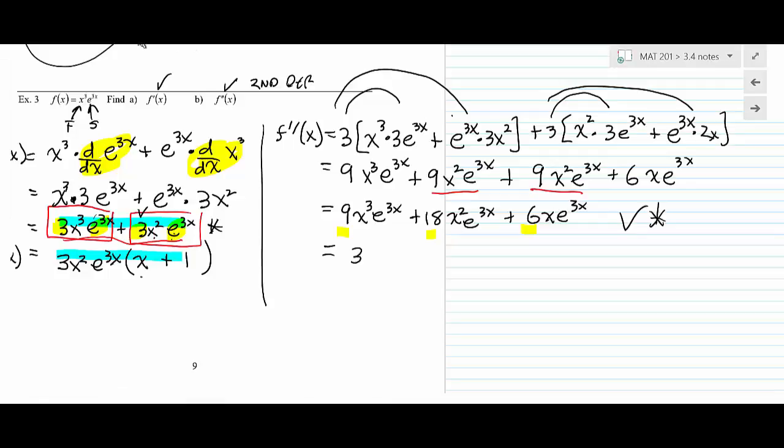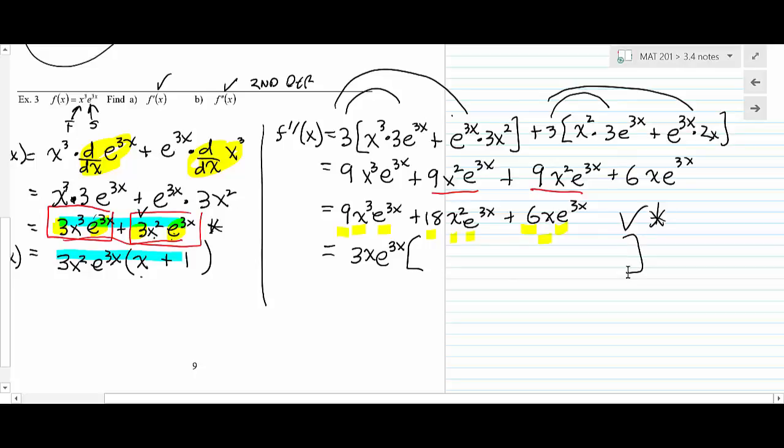A 3. What else would come out? How about the x's? What comes out? The smallest exponent, so x comes out. Okay, and what else? Yeah, e to the 3x comes out. You have an e to the 3x everywhere. So we've got e to the 3x like that. Okay, then we'll draw a bracket and see if we can do this now.